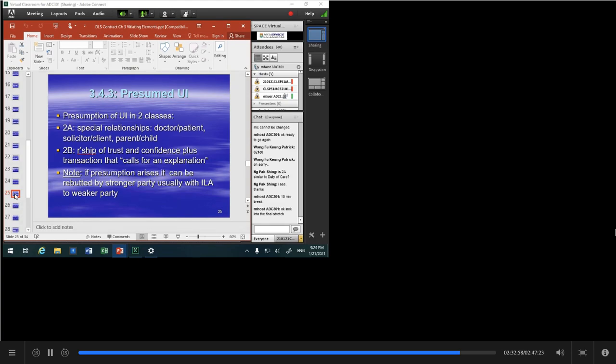So we're going to talk a bit more about what this independent legal advice is all about, but we're going to talk about it in a situation where we have, for example, a husband, or it sounds a bit sexist, but let's say the stronger party exerts undue influence on a weaker party, not to enter into a contract with the stronger party, but for the weaker party to enter into a contract with a third party, typically a bank, and typically where the weaker party is acting as a guarantor or giving a guarantee of the stronger party's debts.